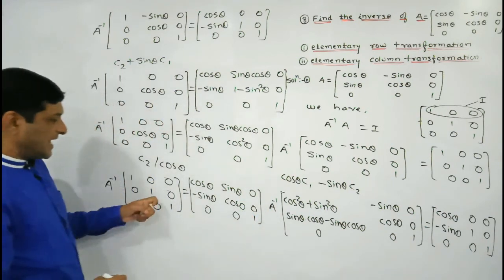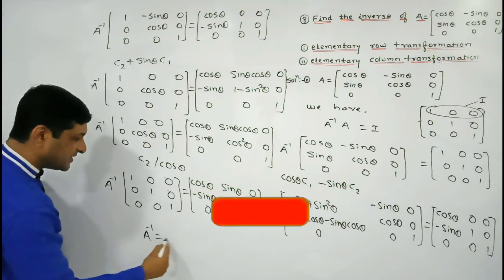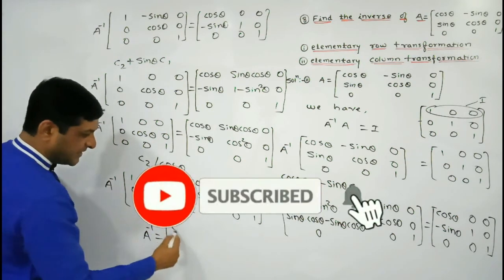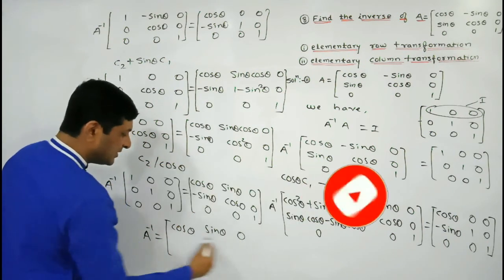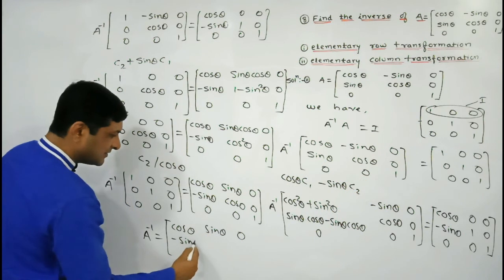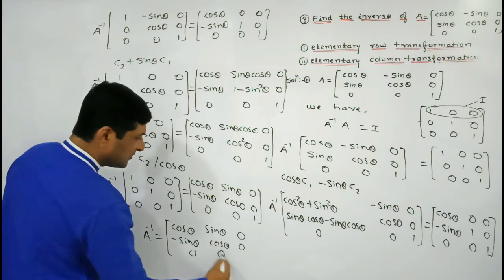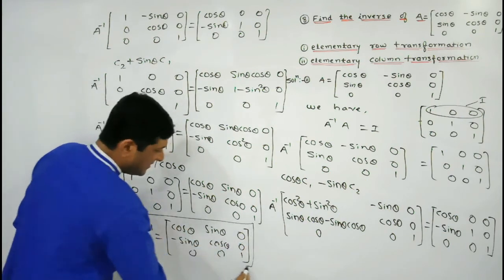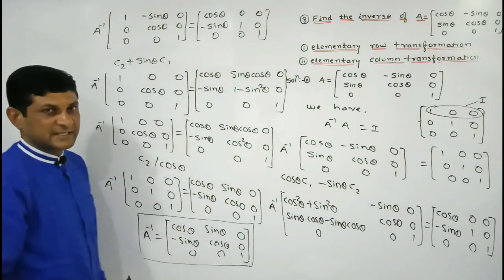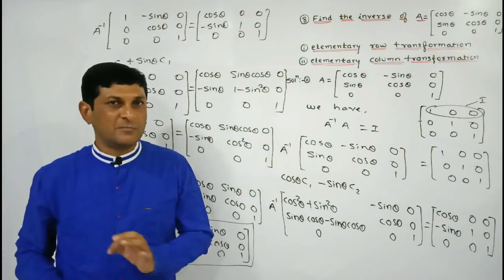Now on this side, identity into A inverse will be equal to A inverse, and the matrix on the right hand side, whose elements are cos theta, sin theta, 0, minus sin theta, cos theta, 0, 0, 0, 1, is our required inverse of the given matrix. In this way we are finding the inverse of this matrix by applying column transformation.